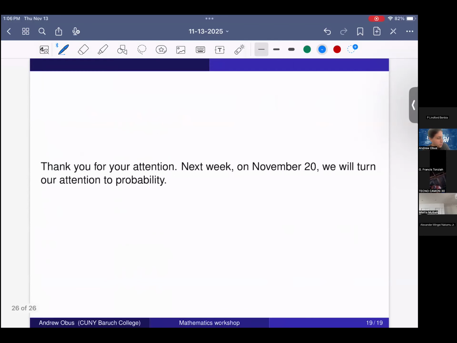And so I'll say for next week, we're going to turn our attention to probability, but probably not. I think we will do more combinatorics, because we didn't get to it, because we spent so much time on the equations today.